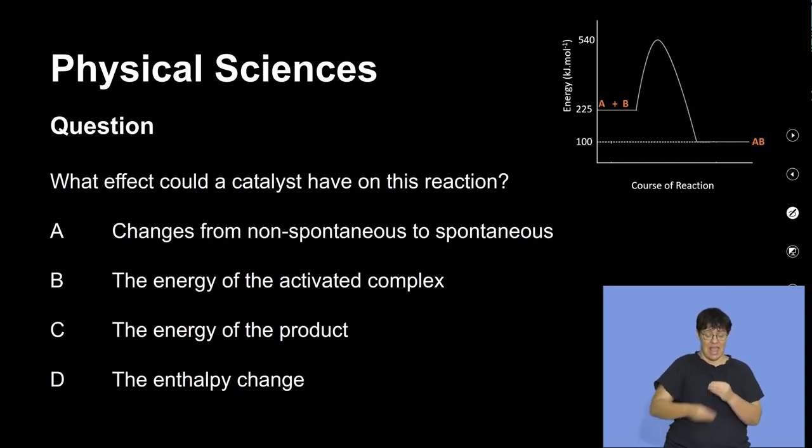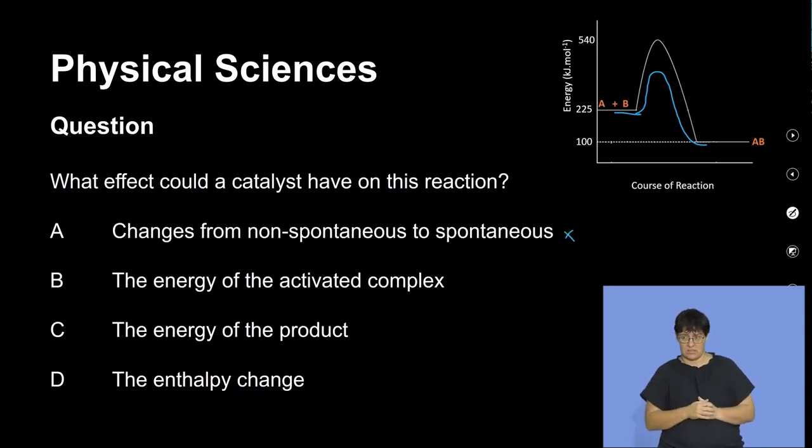what effect will a catalyst have on this reaction? We know that a catalyst actually provides an alternative pathway with a lower activation energy, right? So if the blue profile represents the catalyzed reaction, you know that the activation energy will be lower. But what are the options that are given from the multiple choice? Adding a catalyst changes from spontaneous to non-spontaneous?